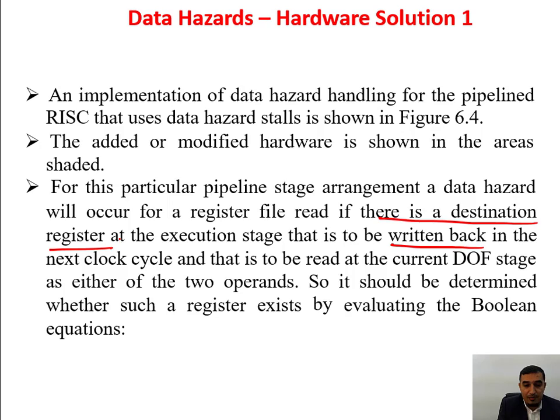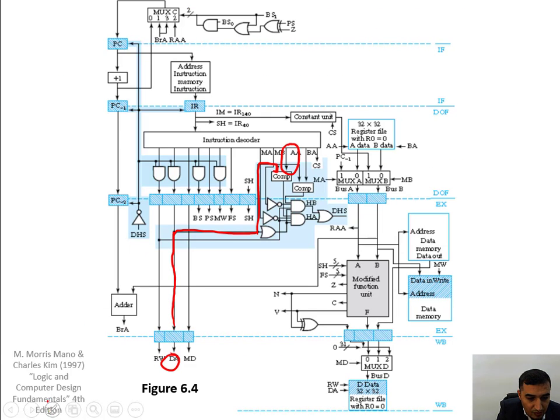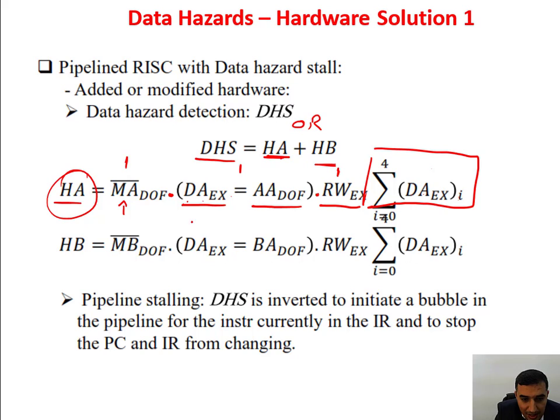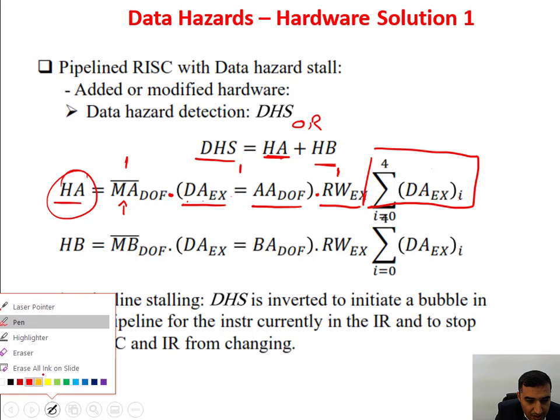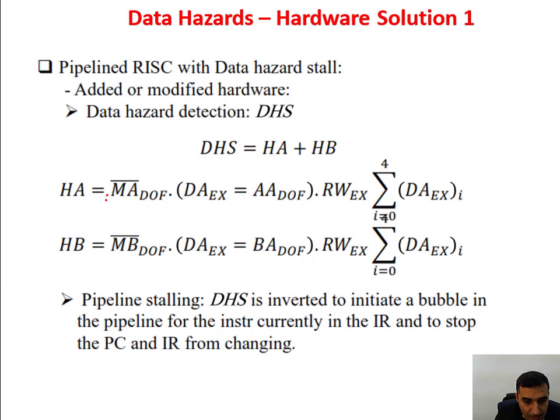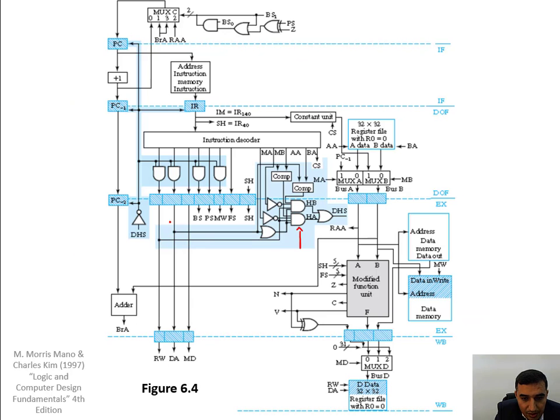Now, how is this implemented in the circuit? Let me show you once more over here. Let me clear the circuit. So first of all, this is AA. AA has an AND gate. The first input of the AND gate says MA in the decode operand fetch stage is equal to 0, inverted. So this is my MA, you see the red line here.